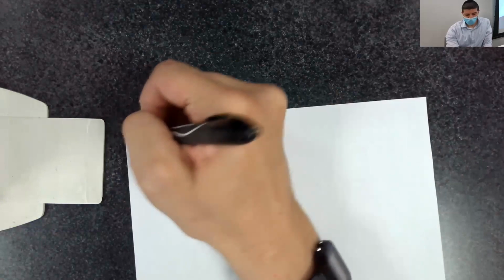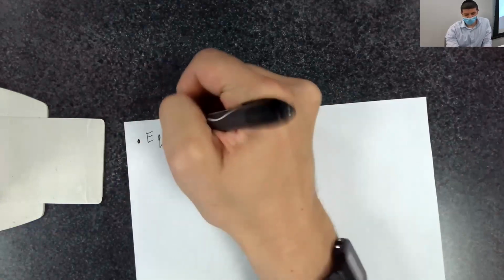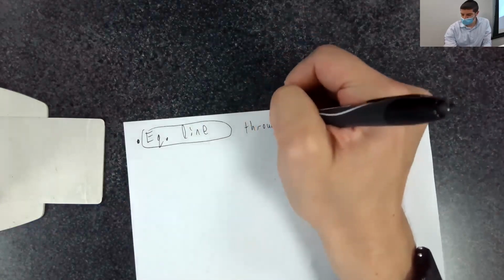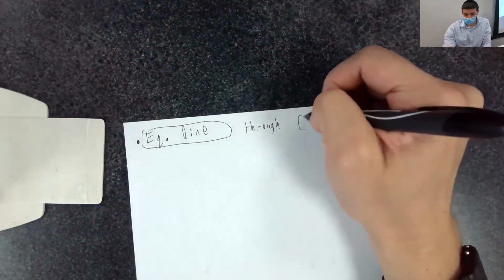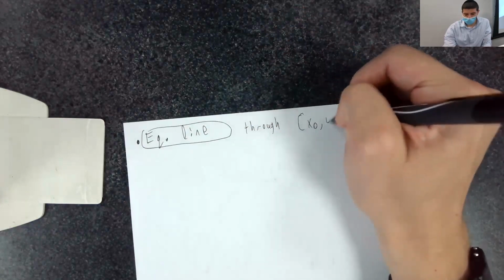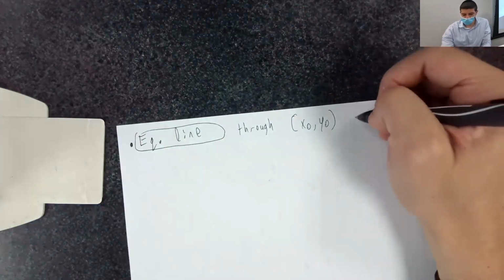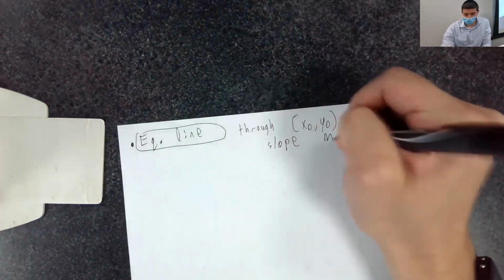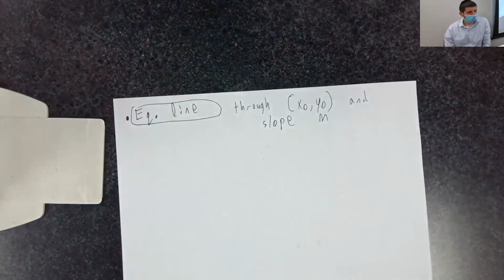Okay, so equation of a line. You want to write the whole equation through x naught, y naught, and slope m. Okay. So all you need to write down an equation of a line is the slope and a point.